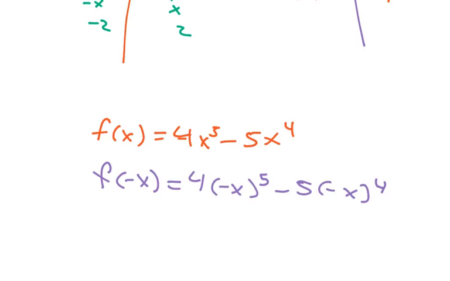So I make x negative. The goal is, does this thing that I just solved in purple look like the one in orange? Does it become the same thing? If it does, it's even. If it doesn't, then it's not even. But not even does not imply that it's odd.